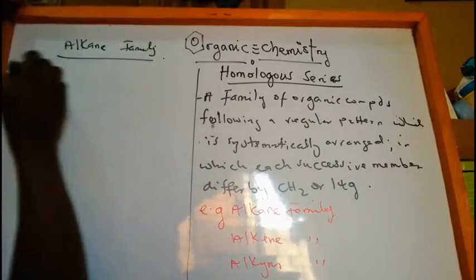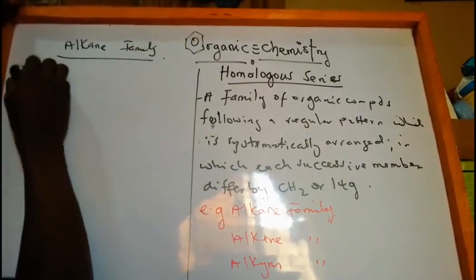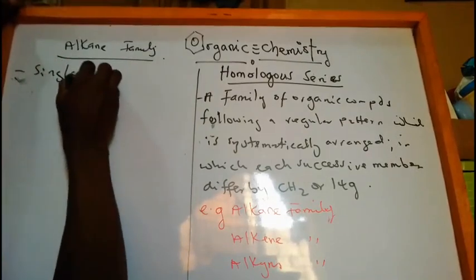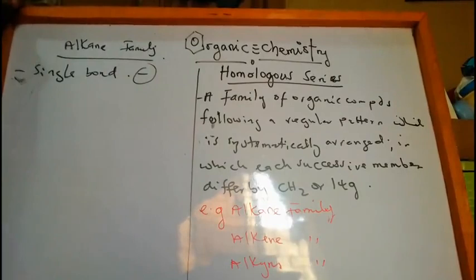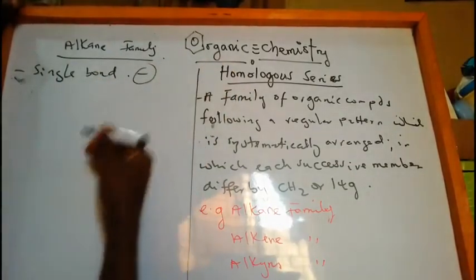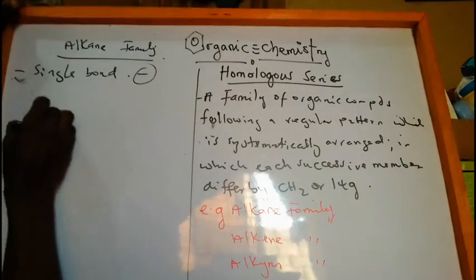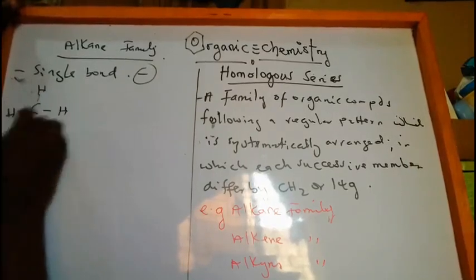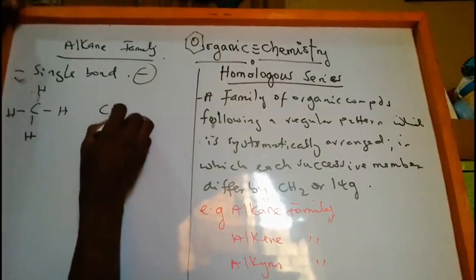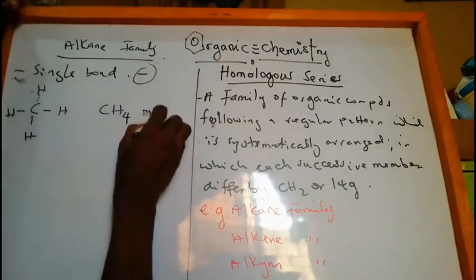So first, the alkane family, they have single bond all through. And the first member is methane. So we want to look at how they follow the pattern of a homologous series. If you look at the first one, with one carbon single bond, that's CH4, methane.